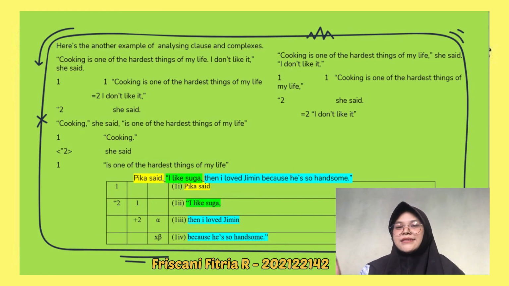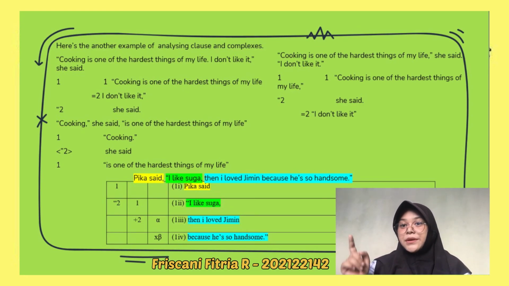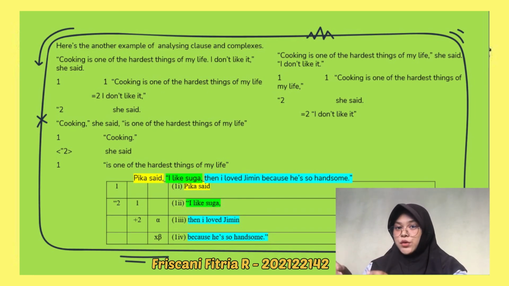Okay, next there is another example: "Pika said, I like Suga, then I loved Jimin because he's so handsome." If you see here, I divided the colors because I want you to see how things are logically connected. "Pika said" is connected directly to "I like Suga," and "I like Suga" is connected directly to "then I love Jimin," but it is not connected to "because he is so handsome."